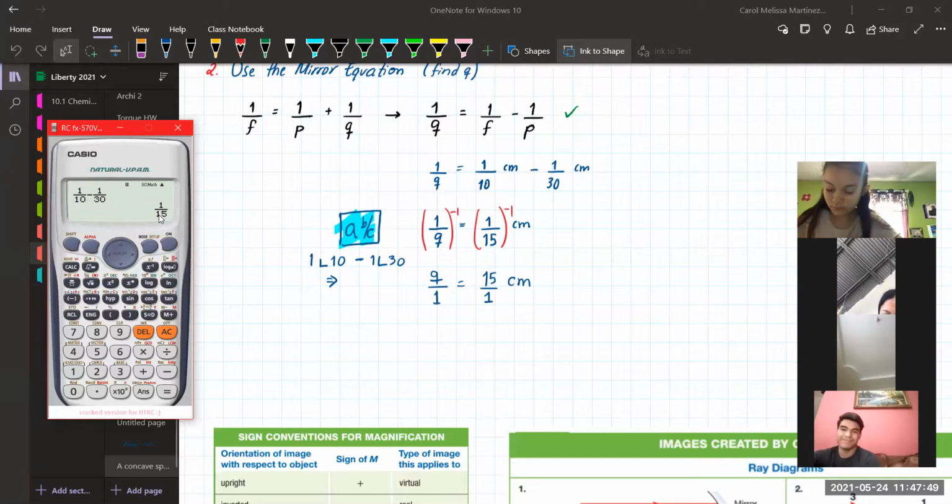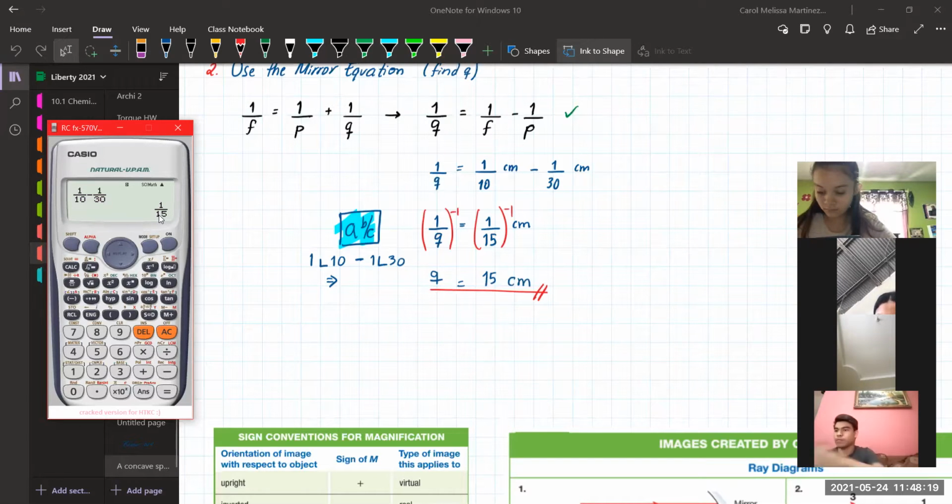Everything changes position. What you had in the numerator now is in the denominator. And you know that in the end, we ignore the 1 as a denominator. Once you ignore the 1 you have your final answer, that is 15 centimeters equals q.